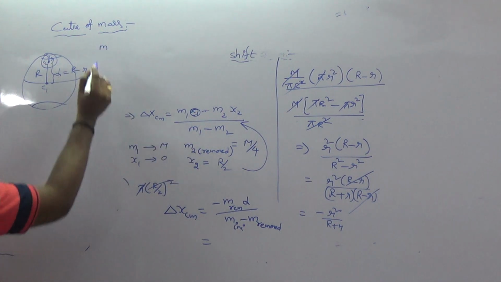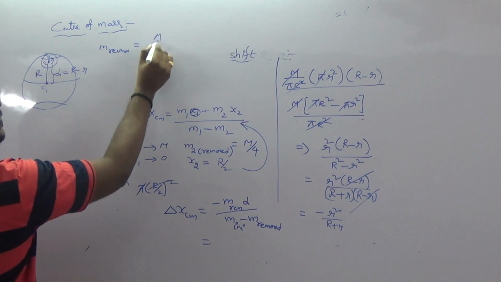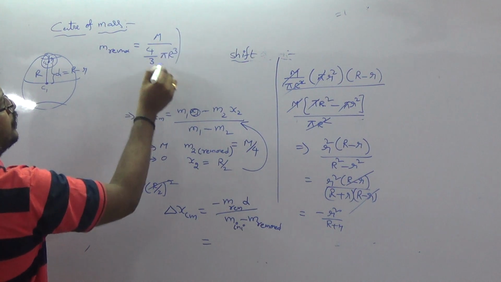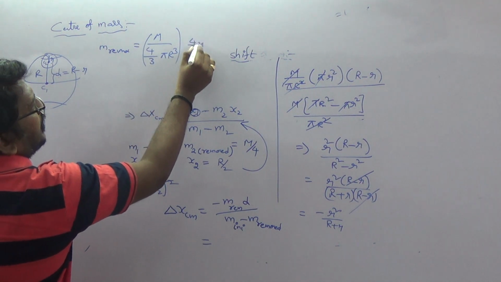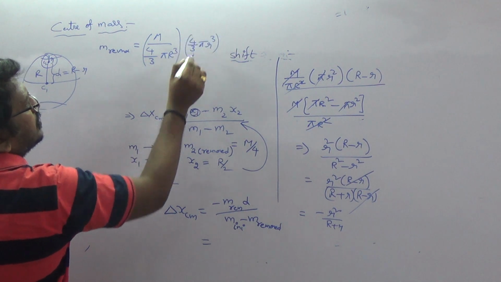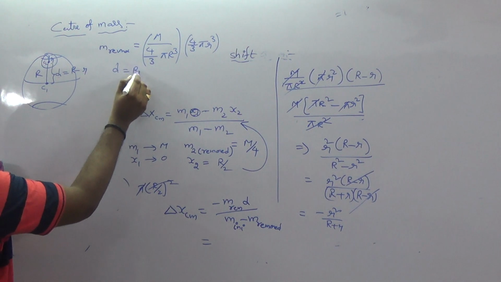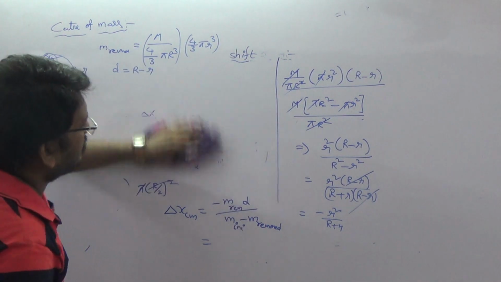M removed mass. So removed mass you get here M by 4 by 3 pi R cube, that means mass per unit volume into required volume 4 by 3 pi r cube. That is the removed mass. So d equals capital R minus small r. Using the same formula. What is the formula?